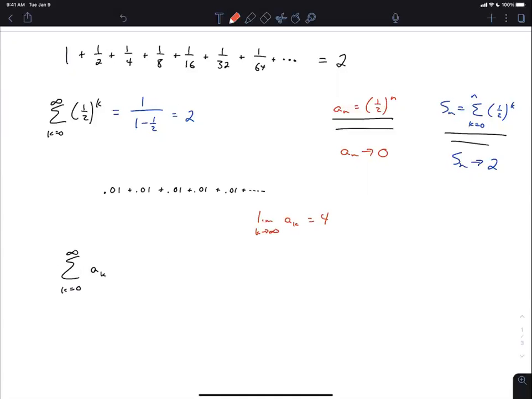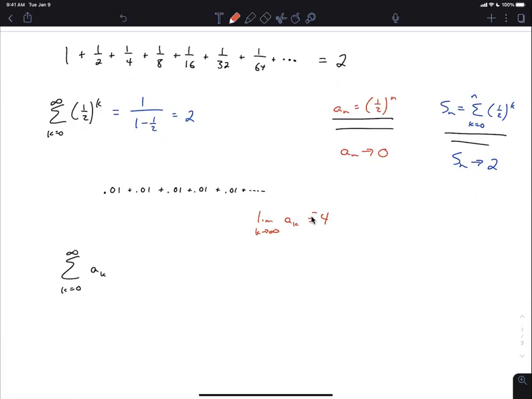Infinity. What if the limit of a_k is -4? In the long run, you're doing -4 plus -4 plus -4 plus -4 forever. It's negative infinity. What if the first term's really huge? What if the first several terms are 80 billion or something like that, and the limit is -4? Is this still negative infinity? Yes, because if you have millions and millions of these, you're going to pass up 80 billion by a lot.